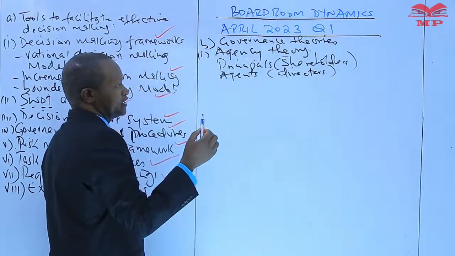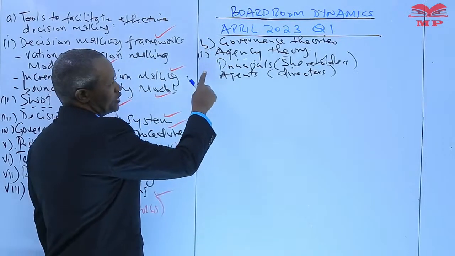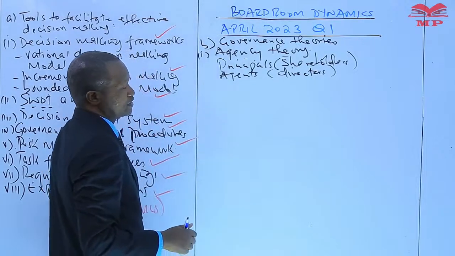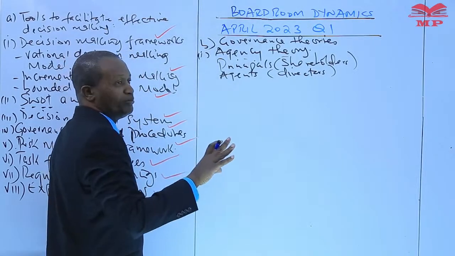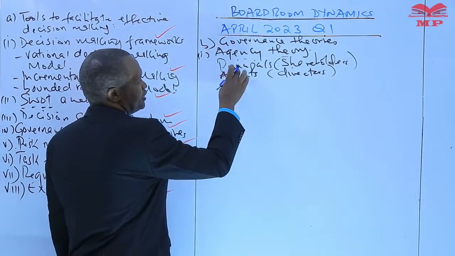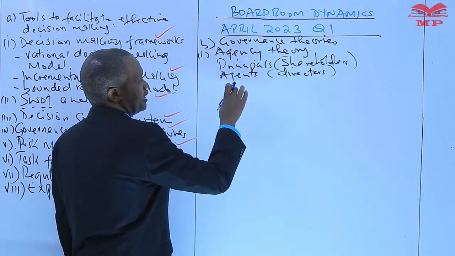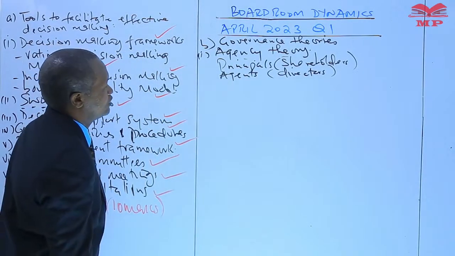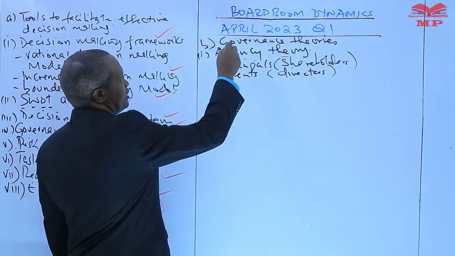The theory seeks to align the interests of the principals and the interests of the agents so that there is minimal conflict between them. That is the first governance theory.